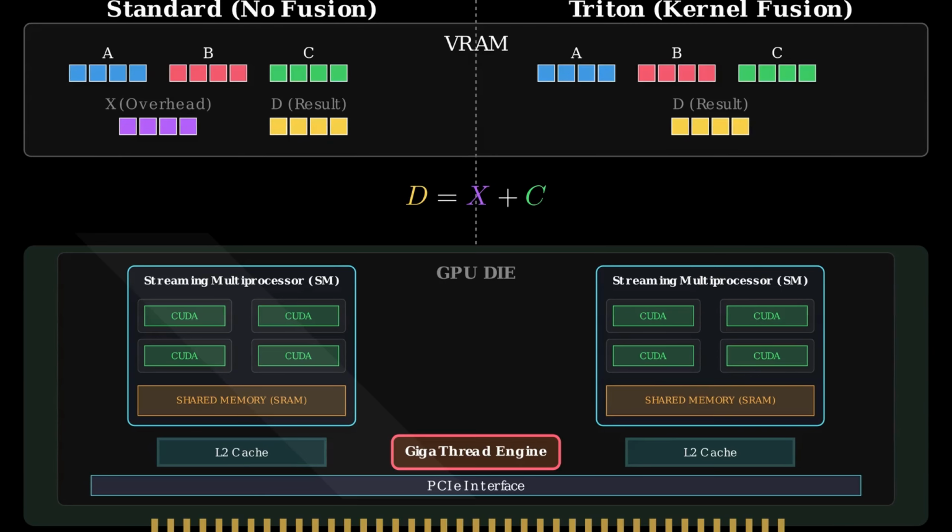As you can see, we did everything inside the same streaming multiprocessor. This is the true power of having a fused kernel, avoiding the overhead of moving temporary data back and forth. The L2 cache you see here is designed to buffer this exact overhead in the standard case, allowing us to keep x in the L2 cache instead of VRAM before we do the addition with C.